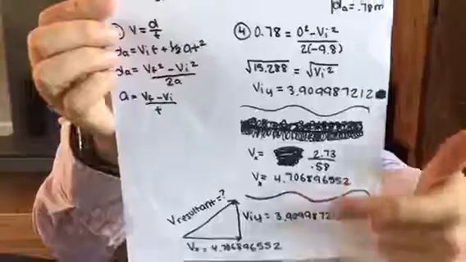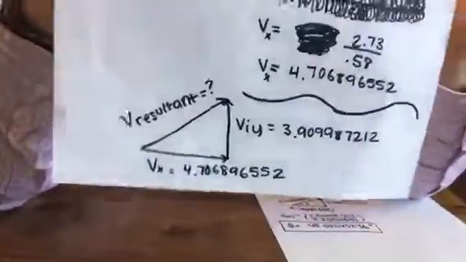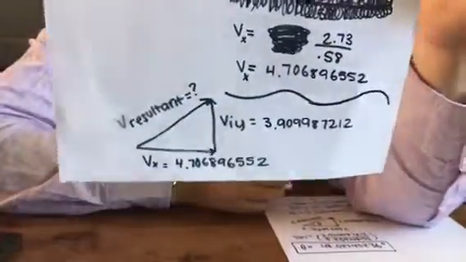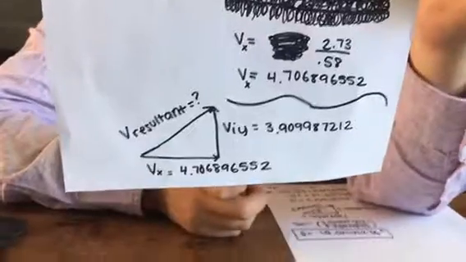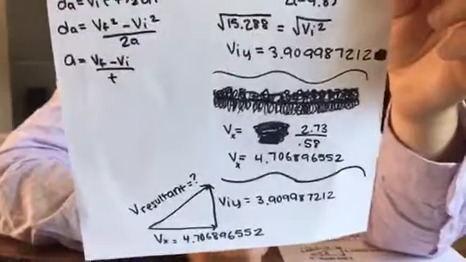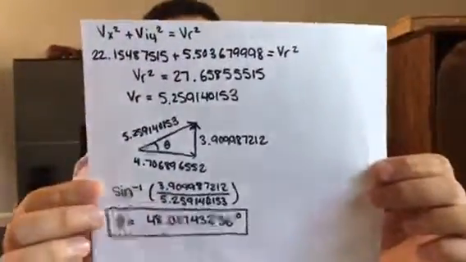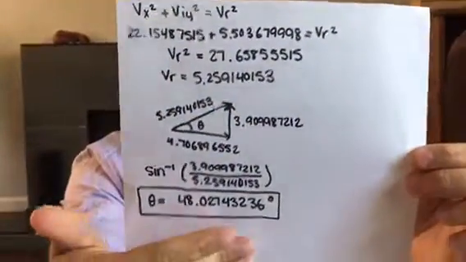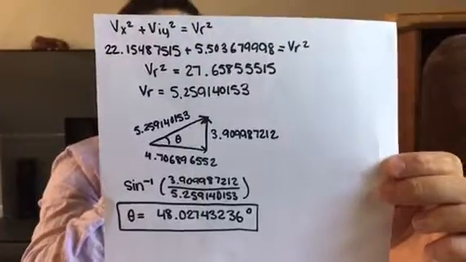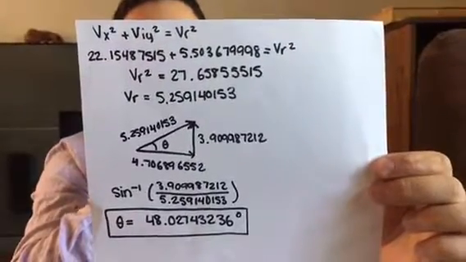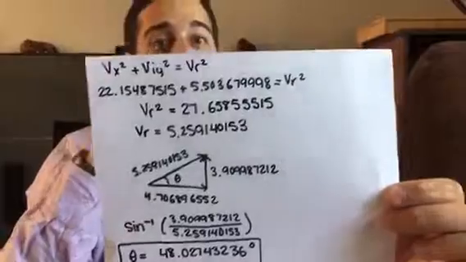We then used the Pythagorean theorem to find that the resultant velocity was 5.23 meters per second. Finally, we used the inverse sine to find that the angle we need the apparatus to be is 48 degrees. This is calculated without any account for air resistance, so the calculations would not be exact for our project.